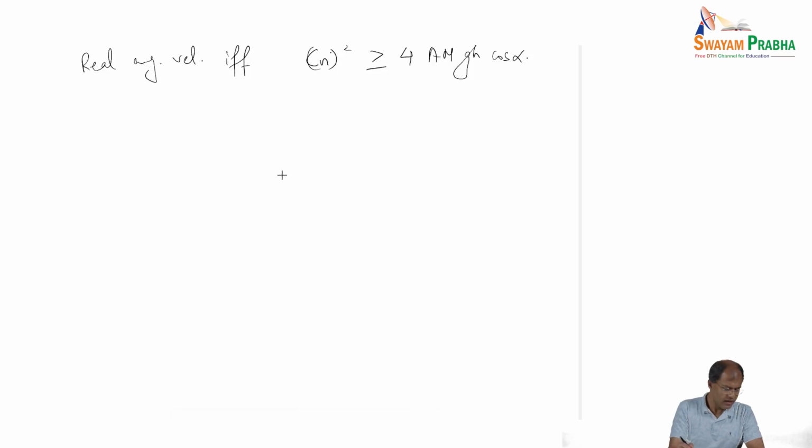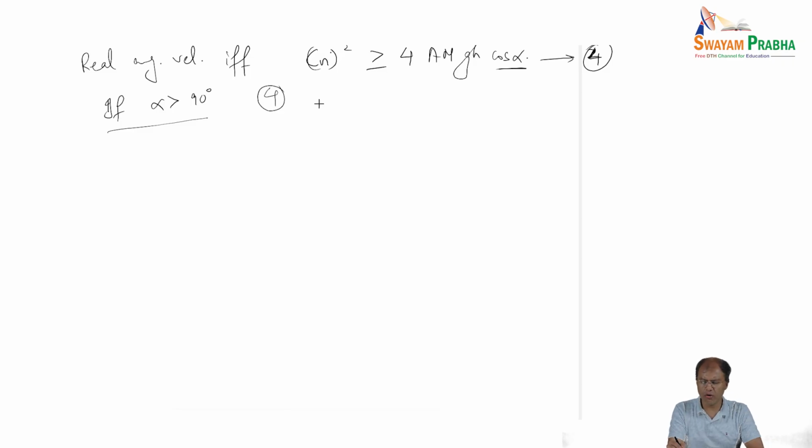If alpha is greater than 90 degrees, then cos alpha is always negative, and let me call this equation number 4. So for alpha greater than 90 degrees, 4 always holds, that is trivial.